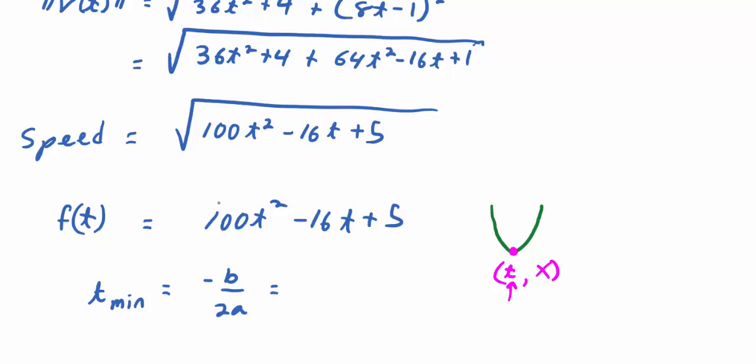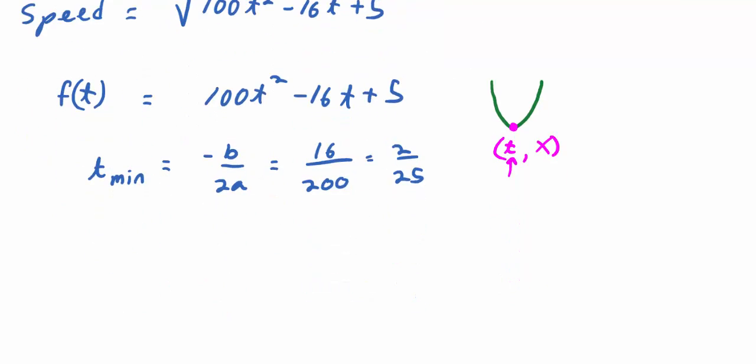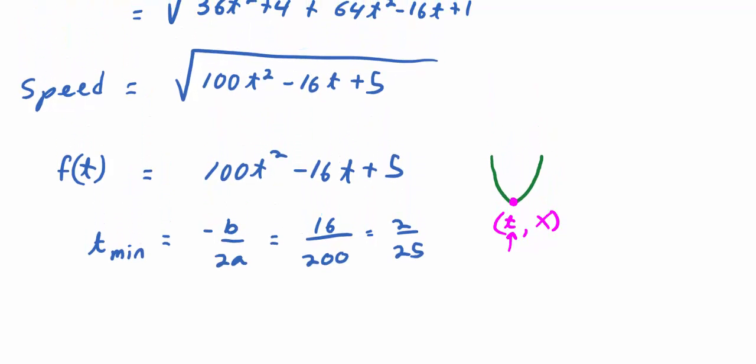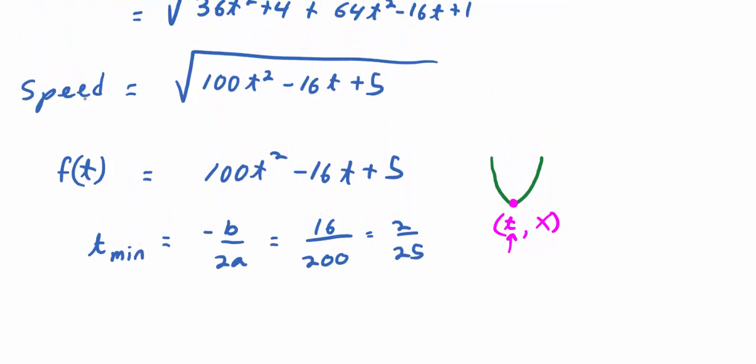In this case, a is 100 and b is negative 16. So that becomes 16 over 2 times 100, or 200, which is 2/25. So the value of t that produces the minimum speed is 2/25 of a second.